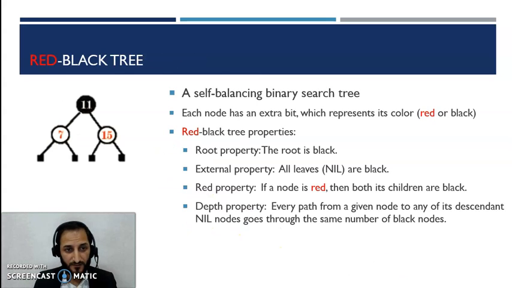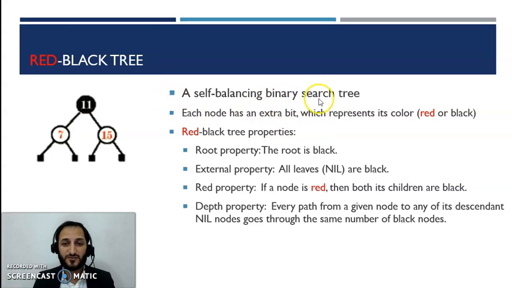Alright, now we will see what red-black trees actually are. First of all, it is a self-balancing binary search tree, and it is a binary search tree, so all of the rules that we have explained previously, like that every node has a maximum of 2 nodes, the larger items will go to the right side, and the smaller items will be on the left side of the nodes, and so on.